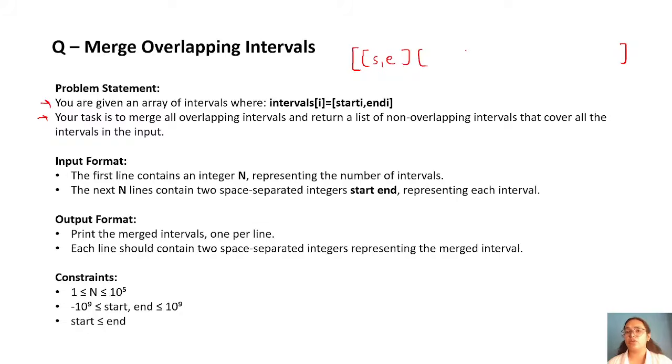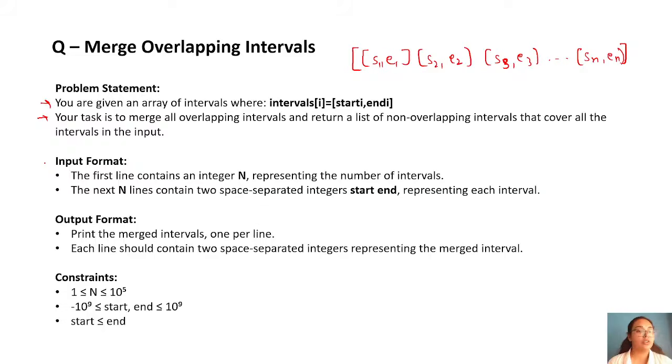Every interval is going to be in the same way, like S1 E1, S2 E2, then S3 E3, and this is how it is going to run up to Sn En, right? So I guess that is clear.